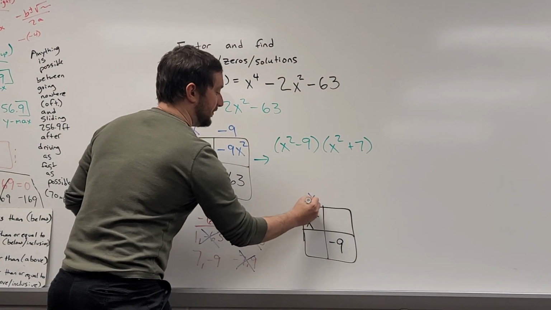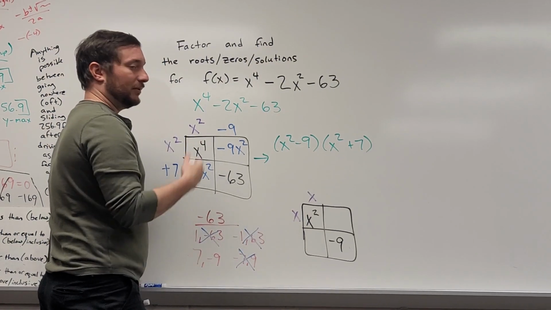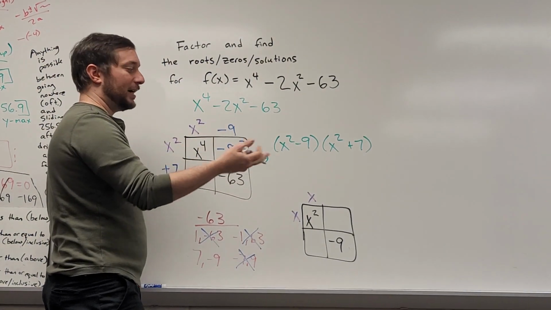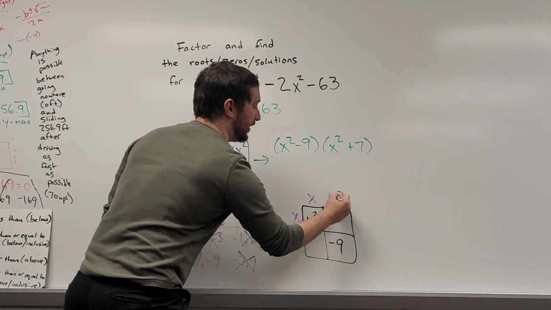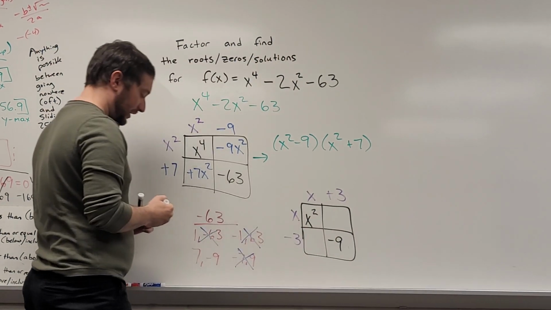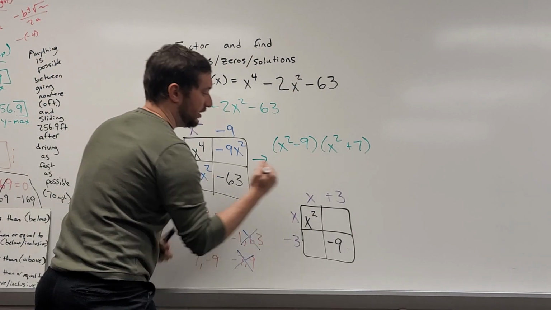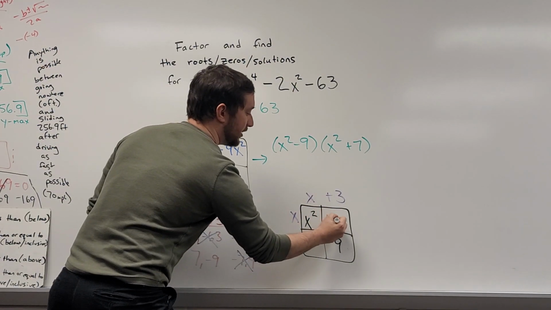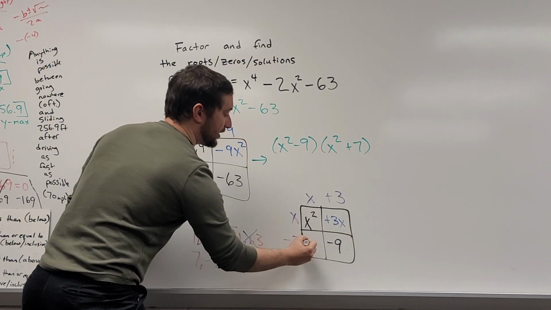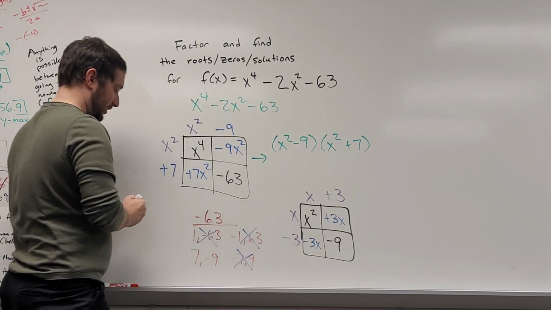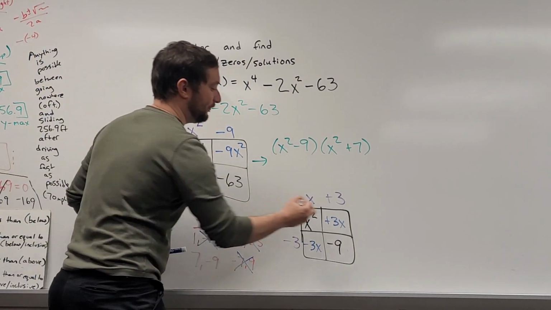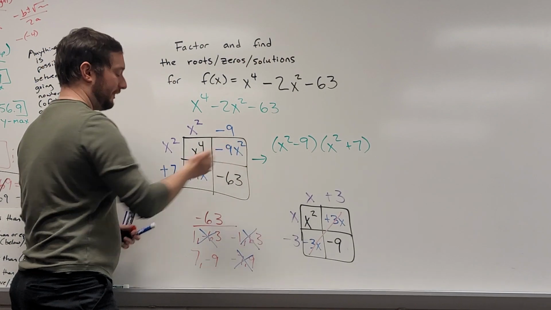We have x times x is x squared. What's the square root of 9? Plus and minus, positive and negative, 3. And to double check ourselves again, we would do 3 times x and negative 3 times x and see, yes, they do cancel as they should to equal this original factor.